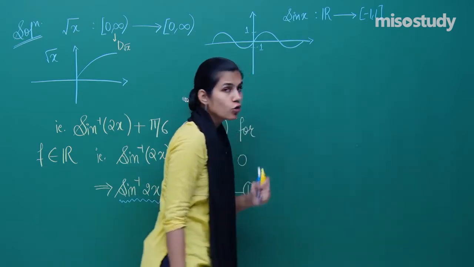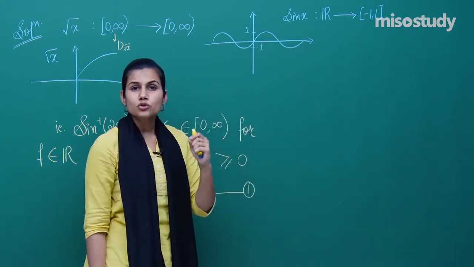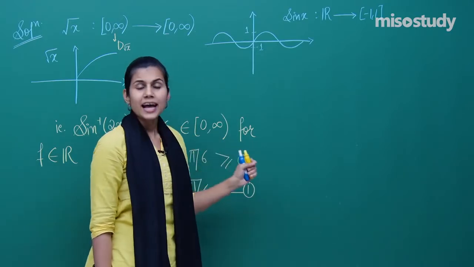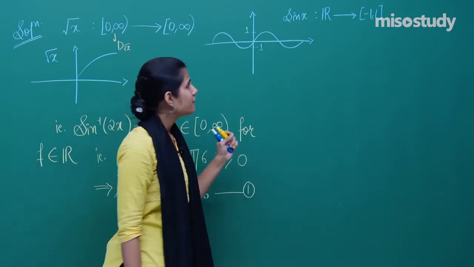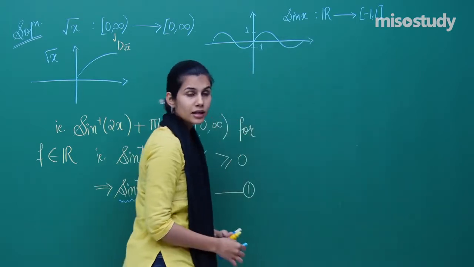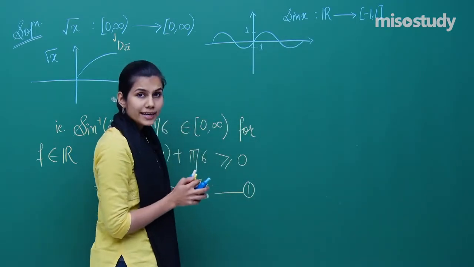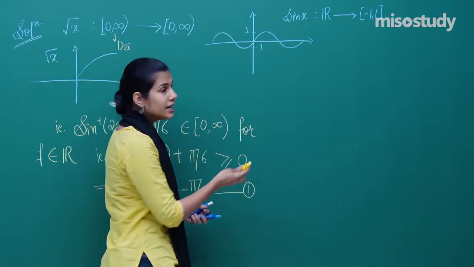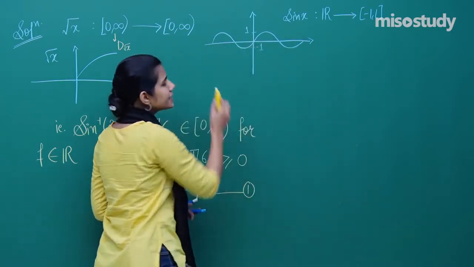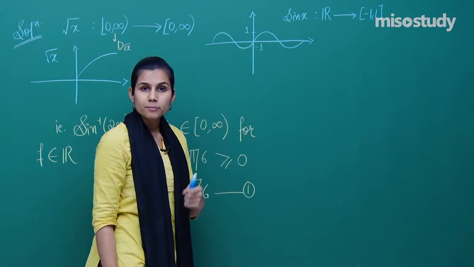But what about the domain? I want my function to be 1-1 also for it to be invertible, and that can be done provided my function sine is 1-1 on the domain R. But by the horizontal line test, you can very well see that if you make a horizontal line, it is going to intersect the graph at more than one point.